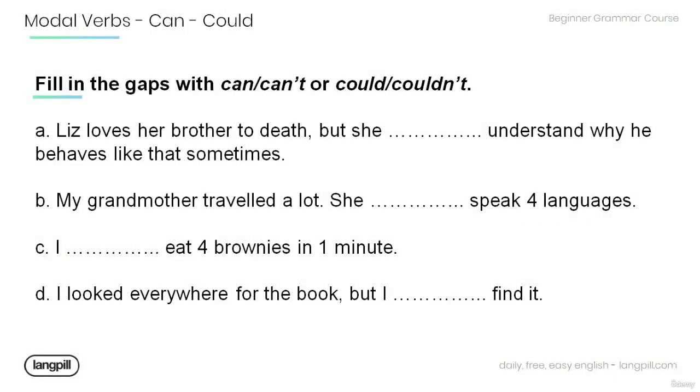And now it's time for you to practice on your own. Read the following sentences and fill in the gaps with can or can't or could or couldn't. A. Liz loves her brother to death, but she blank understand why he behaves like that sometimes.